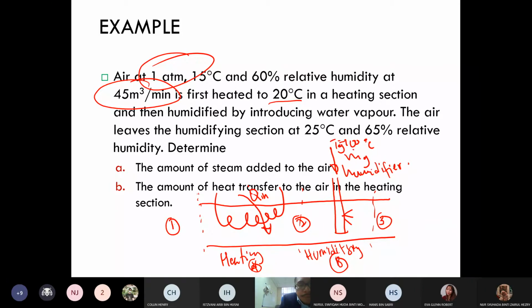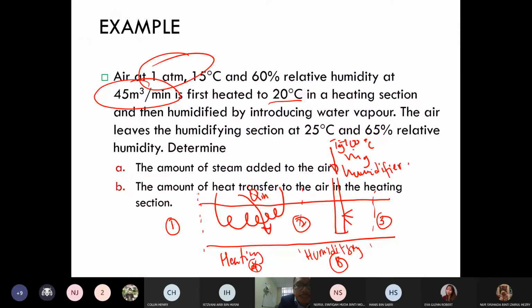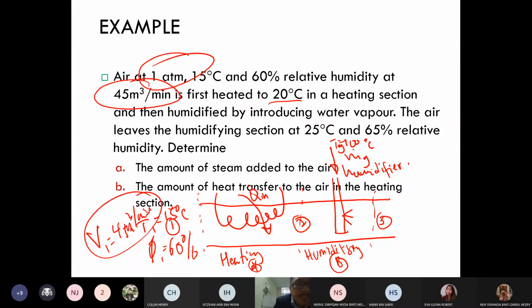In the first section, air inlet temperature T1 is equal to 15 degrees Celsius, relative humidity is 60%, and V1 is equal to 45 cubic meters per minute, which you have to convert into kilograms per second.